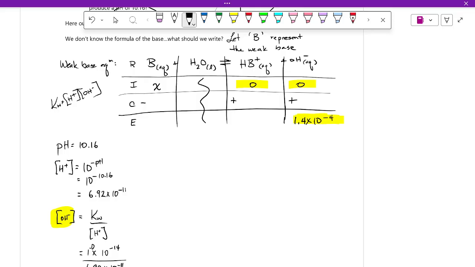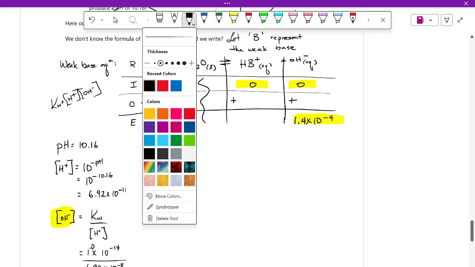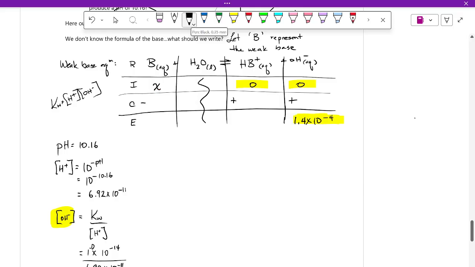Again, I'm not going to write all my digits because it's a pain, but I've got all my digits in here. It's actually 1.445439771 times 10 to the negative 4. And because everything's 1 to 1 to 1, this is also going to be 1.4 times 10 to the negative 4.